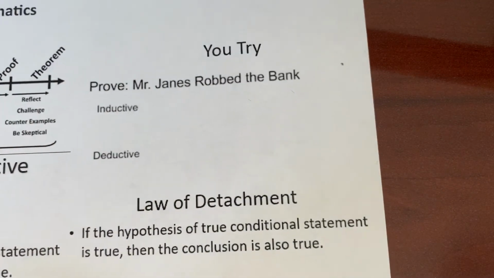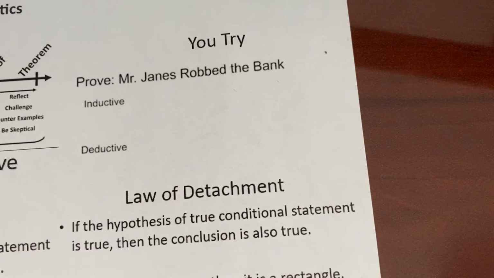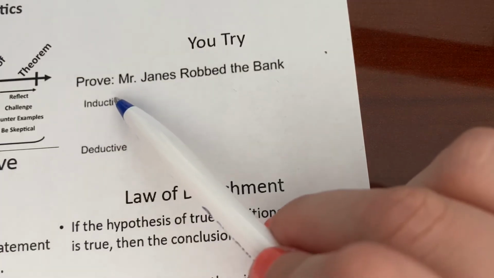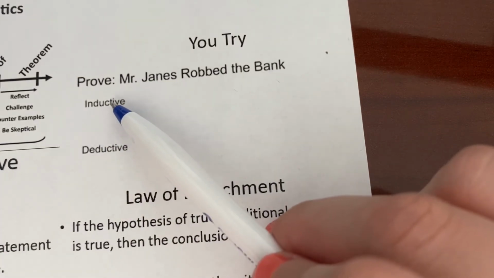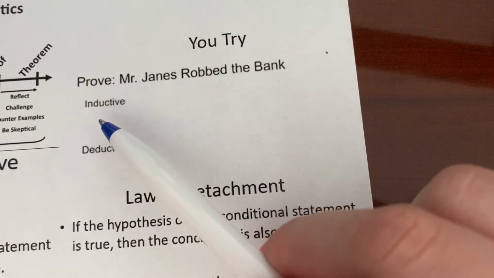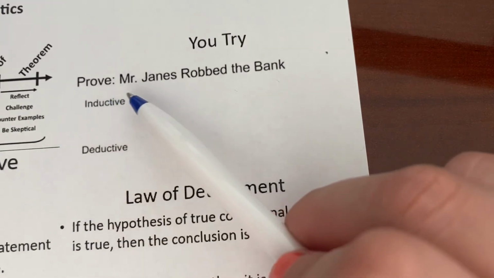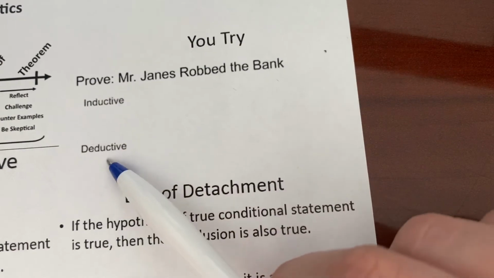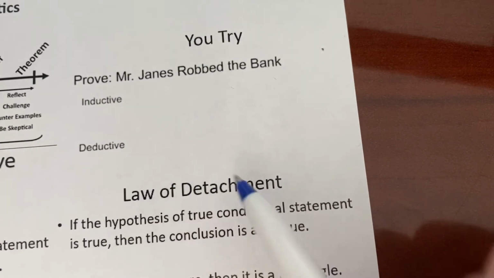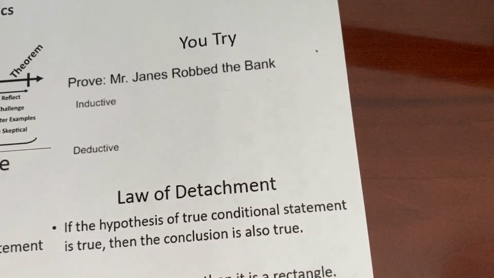Pause the video and try that. Remember, inductive is more of an estimate, looking at past events, looking for patterns, recording results, versus deductive, which is facts having to do with the exact event.